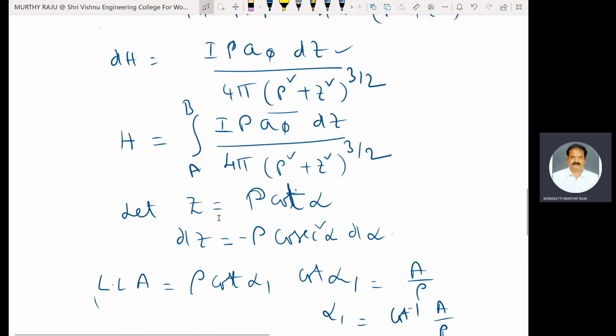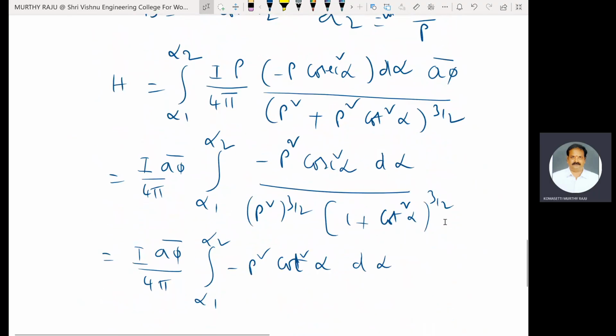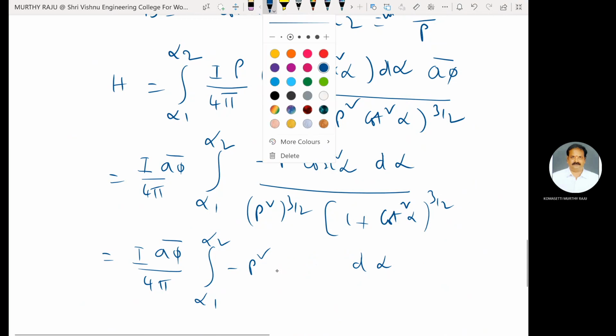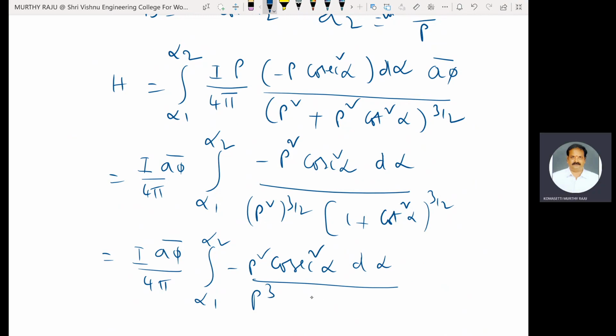1 plus cot square alpha is cosecant square alpha, raised to 3 by 2, giving cosecant cube alpha, so we get cosecant square alpha by rho cube.